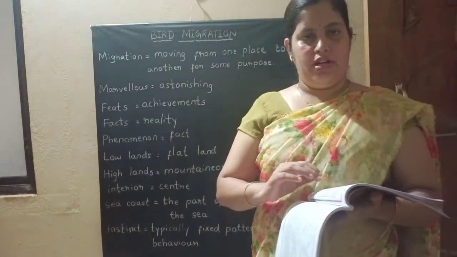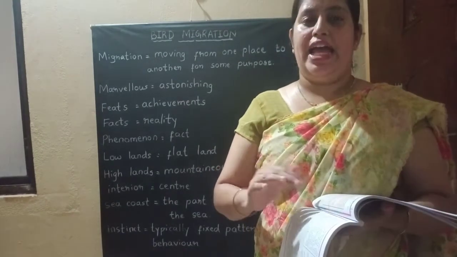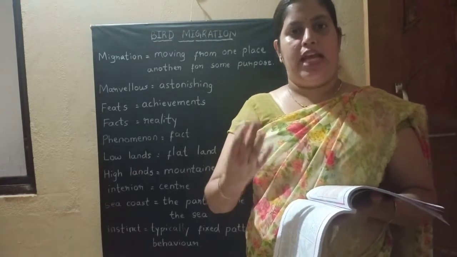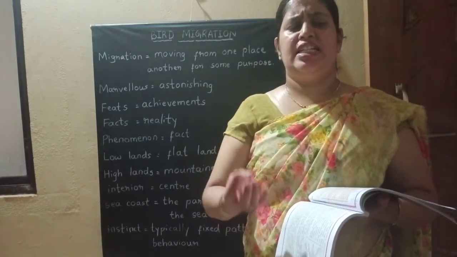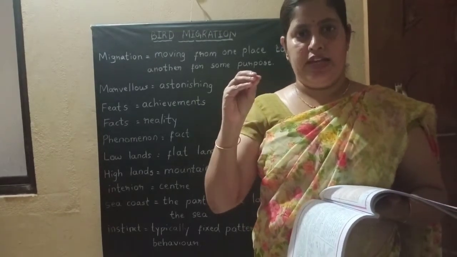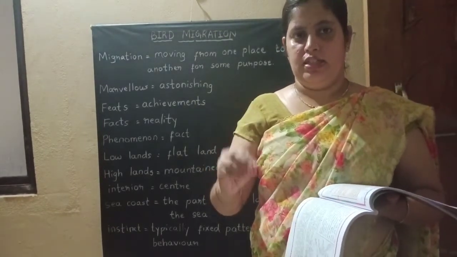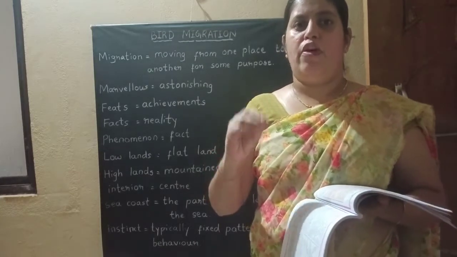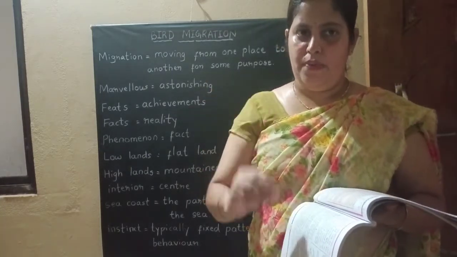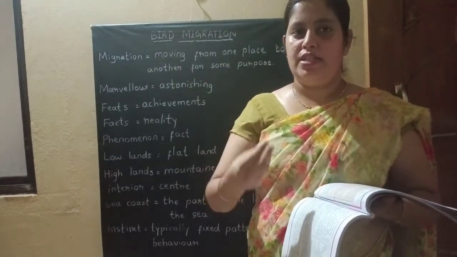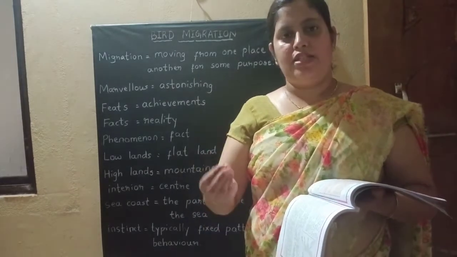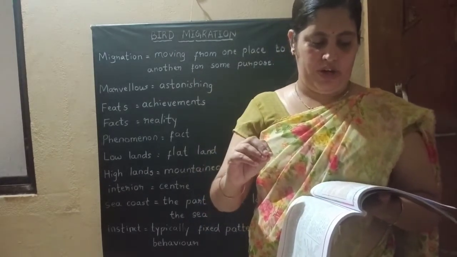So these birds, they are man's also and environment's also best friends. Birds, animals, human beings, trees, insects, we all living beings on the environment, on the earth, we are dependent upon each other in one or the other way. So birds are also best friends of human beings and are also best friends of the environment.